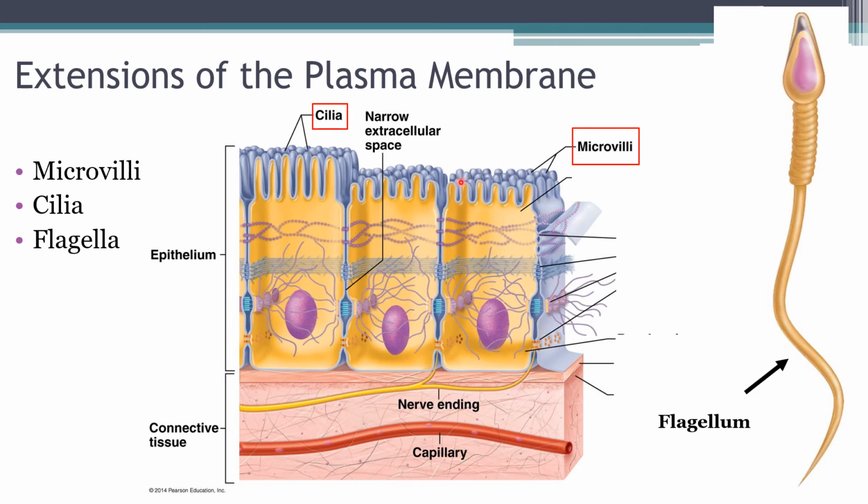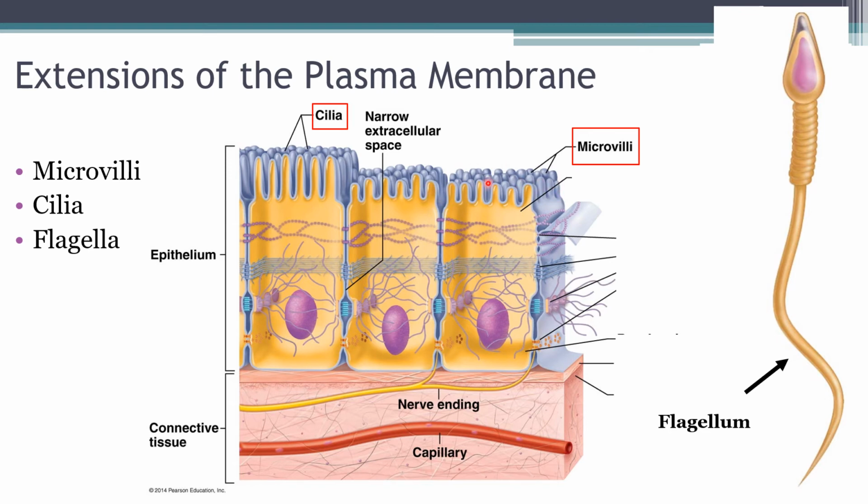So these microvilli are going to be non-motile, meaning that they don't move on purpose. You can definitely brush up against them and bend them over, and they'll pop back up. But they're never going to move on purpose because they don't have any motor proteins. So they're described as non-motile. Basically what they do is they increase membrane surface area.